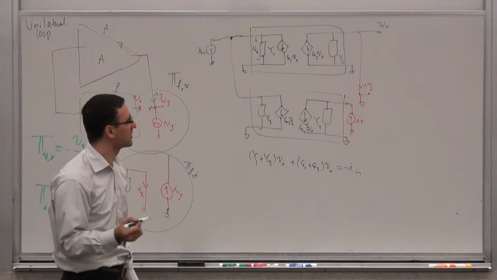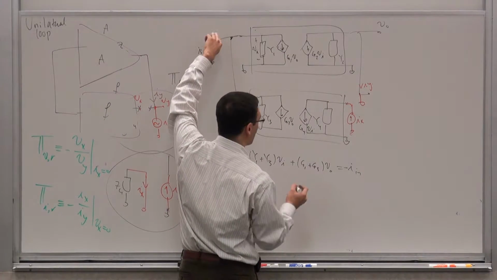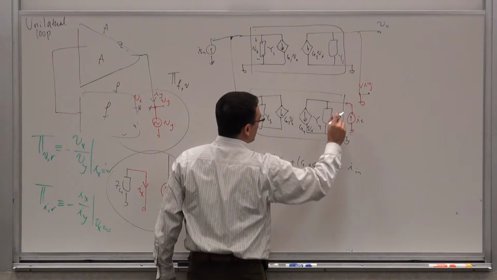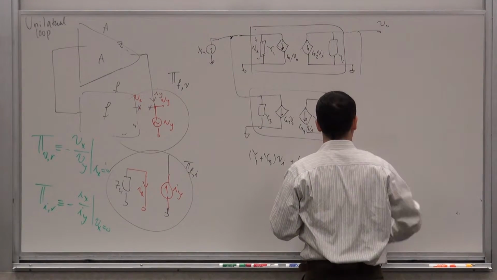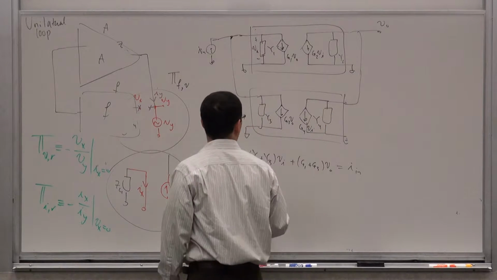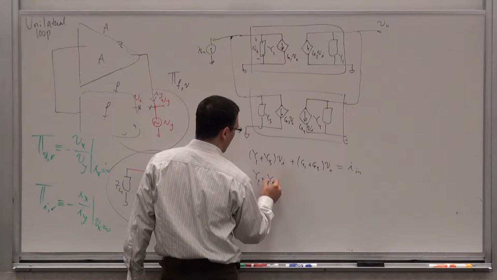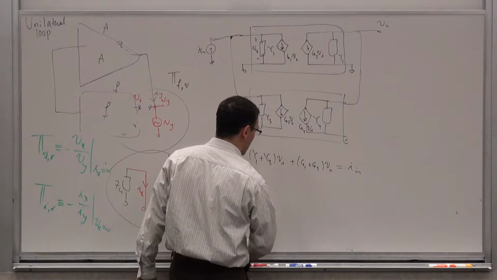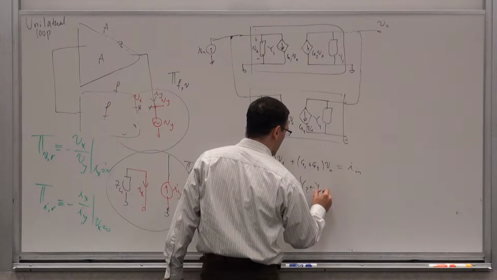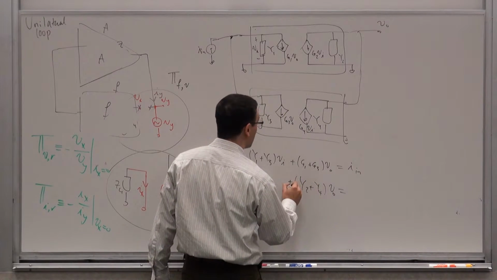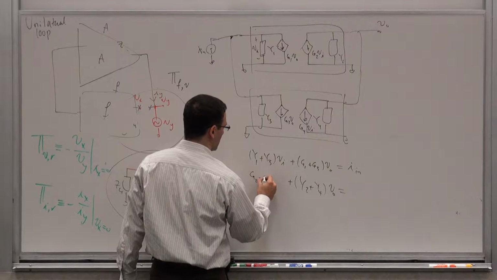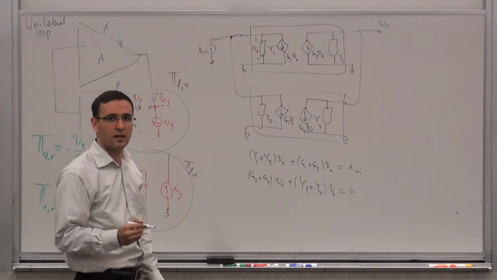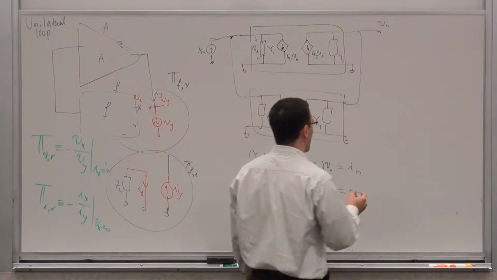Right? Because the sum of the three currents has to be, oh no, actually it's equal to I, right? But this going in is equal to I. And then, on the output, let's just put it up on the output. I have Y2 plus Y4 times VO plus G2 plus G4 times VI is 0. And you can see that basically I can write it in terms of the Y matrix, right?